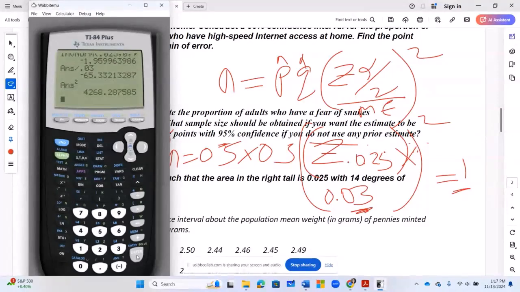Then multiply my answer by 0.5 times 0.5. And my answer is 1068. Why 68? Because whether the decimal point is insignificant or not, you still have to round up. So you must round up.